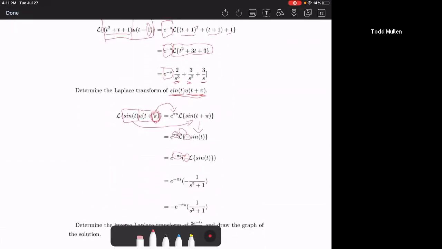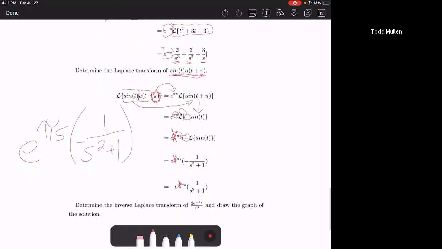So it was correct to put plus pi, so that negative sign should not be there. So we have e to the positive pi s times negative 1 over s squared plus 1. That's our Laplacian of sine t from our table. And then all we do is we bring this negative out front to simplify a little bit, and we finish with negative e to the pi s times 1 over s squared plus 1.